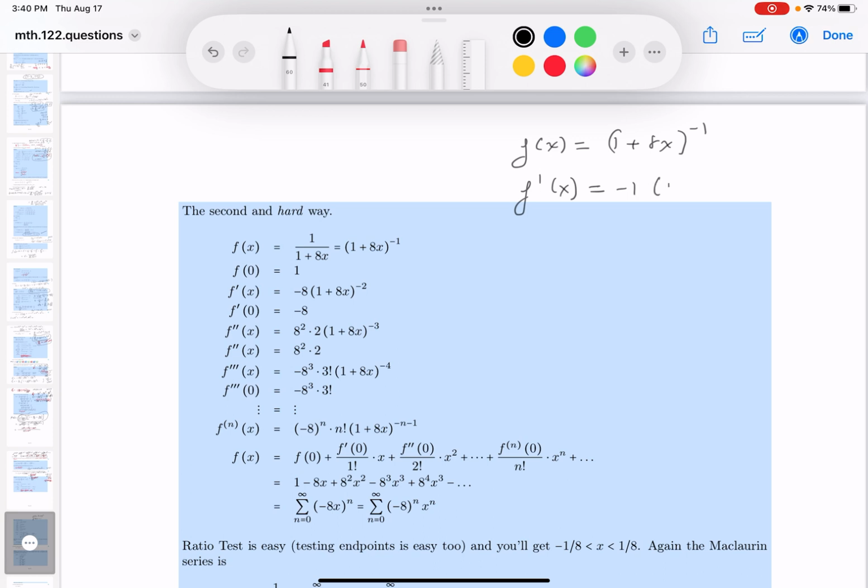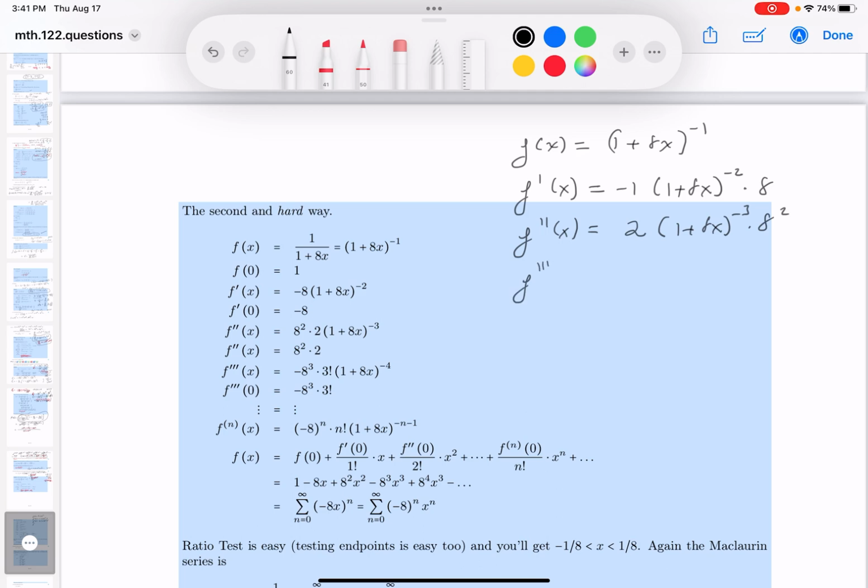Minus 1 times 1 plus 8x to the minus 2 times 8. All right, let me keep going. F double prime. Again, I'm hoping to see a pattern here. Well, you get 2, since minus 2 times minus 1 is 2. Then you get 1 plus 8x to the minus 3. Inside is another 8, so it's 8 squared.